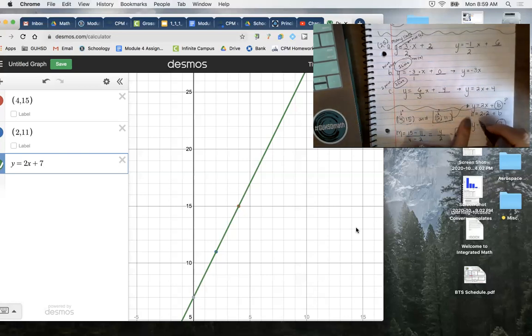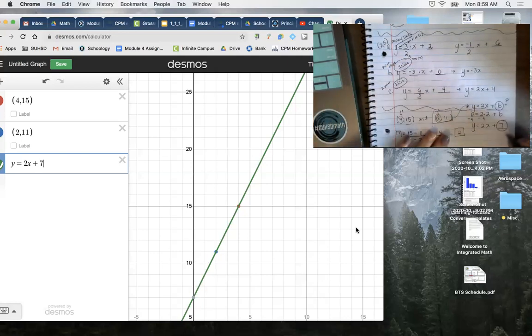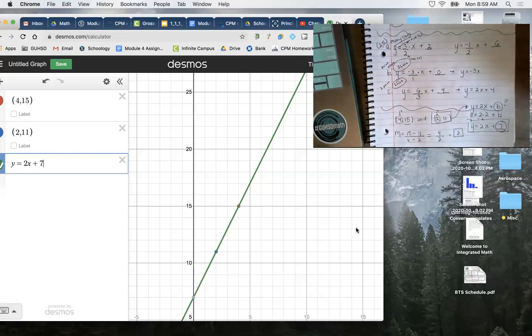This is 4, so I'm going to subtract 4 really quick. If I subtract 4, 11, so 10, 9, 8, 7, I end up getting b equals 7. Well, that confirms my answer.